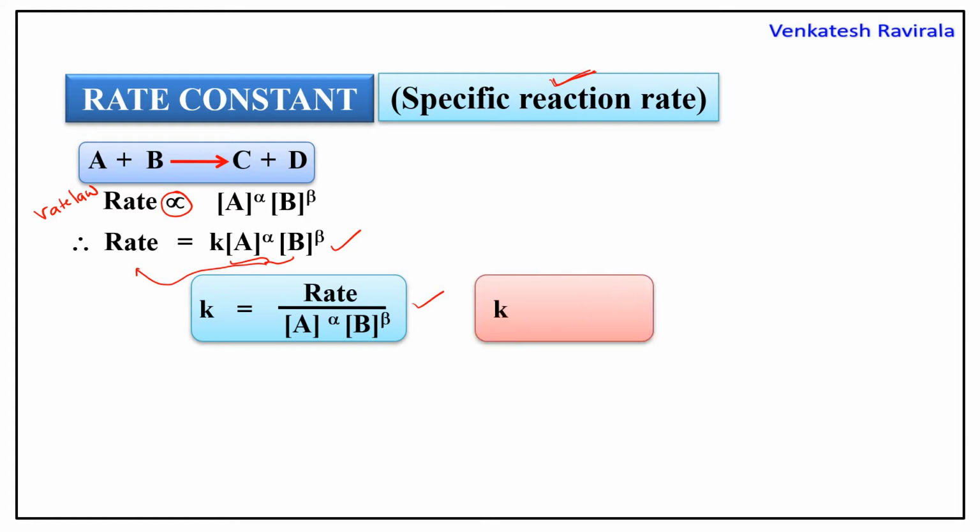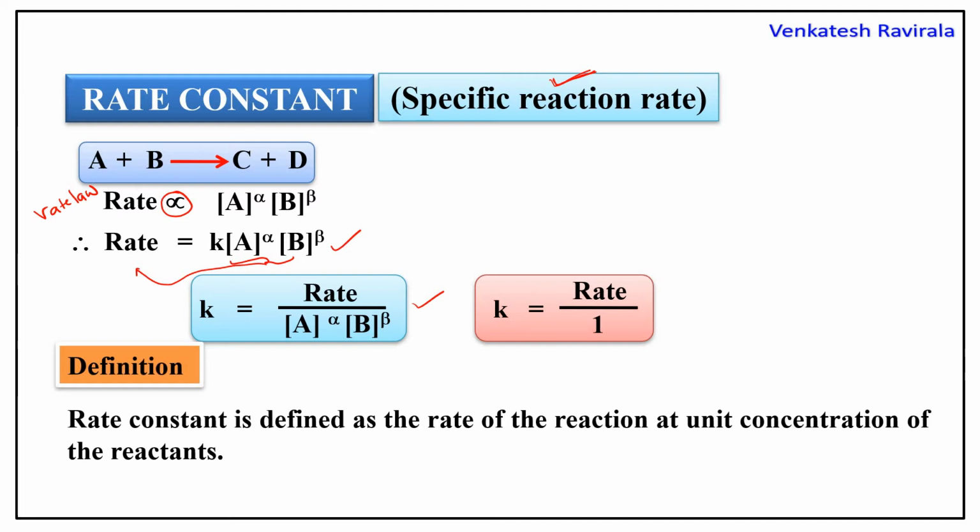Now based upon this, if I take concentration of A as 1 molar, concentration of B also 1 molar, that means the concentration of reactants is taken as unity.